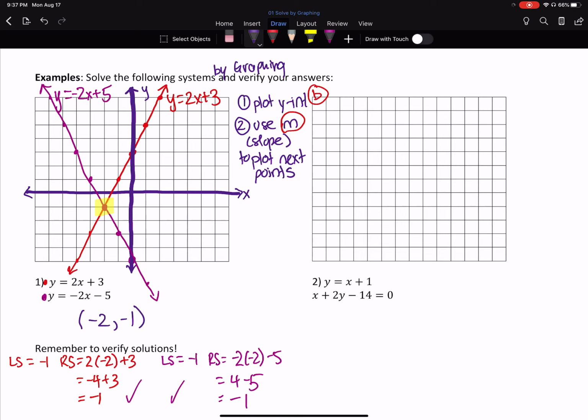And then we want to do the other one, but we have a problem. So this equation, the second one here, is not in y equals mx plus b form, and we need to make it that way. So we are going to do that first by isolating y, so getting y by itself. So I'm going to keep the 2y on this side, and I'm going to move the x to the other side.